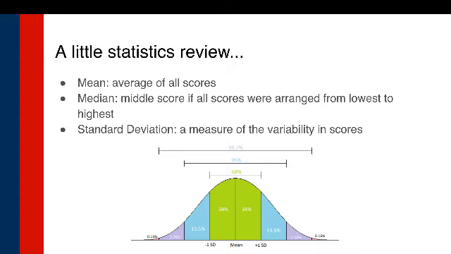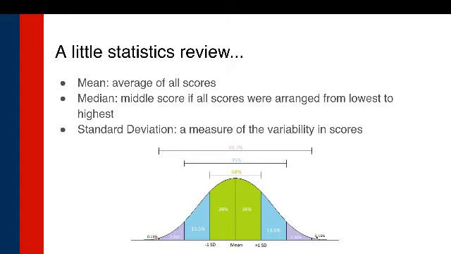So in this graphic, for example, the mean is represented by this vertical line in the middle of the bell curve. One standard deviation represents 34% of individuals, the 34% of individuals who were slightly higher than the mean. 13.5% of individuals out here would be considered 2 standard deviations away from the mean. 2.35% of individuals are 3 standard deviations away from the mean, and so on.